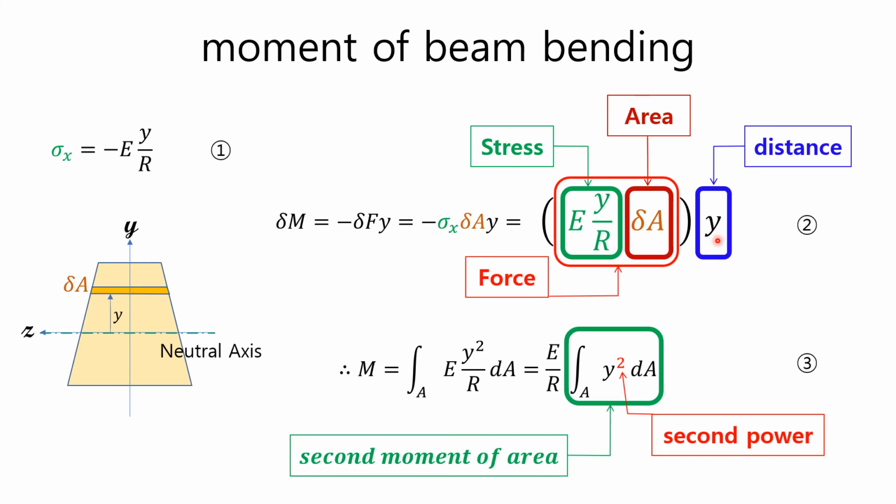We have two y's, one in the stress and another as a distance. Moment can be calculated by integrating this equation; except for y, the others are constant. Therefore, we have the integral term y squared dA. We call this term the second moment of area because it comes from the moment equation and includes the second power of distance y.